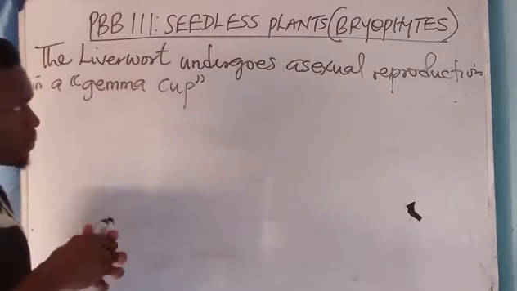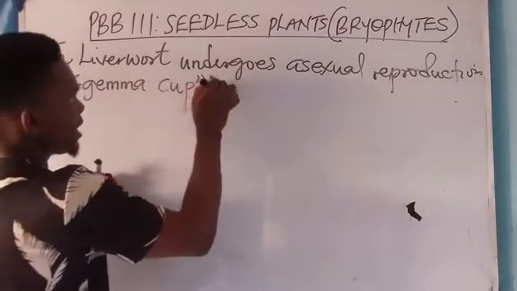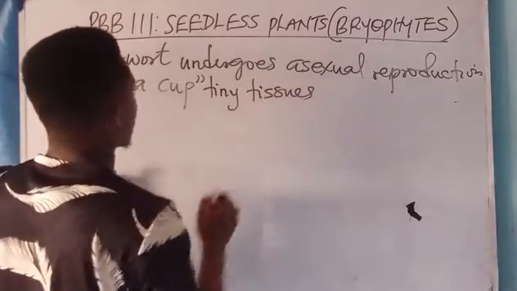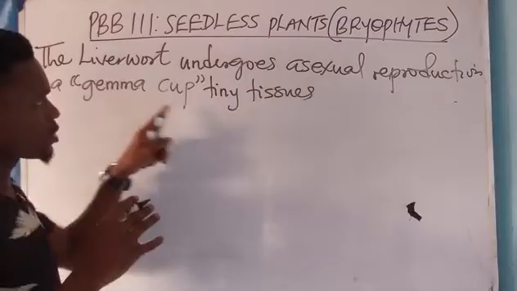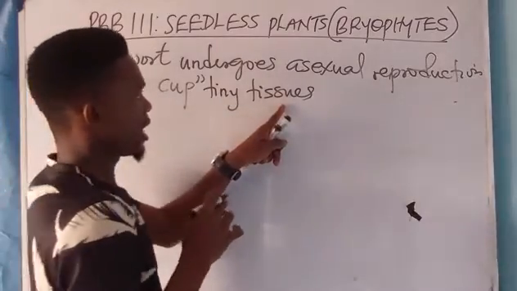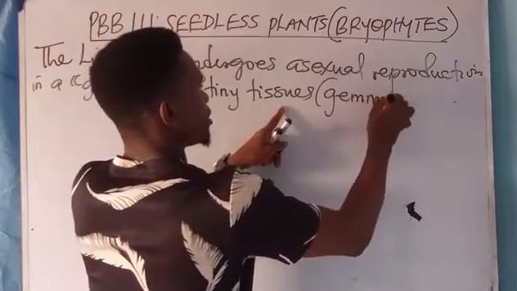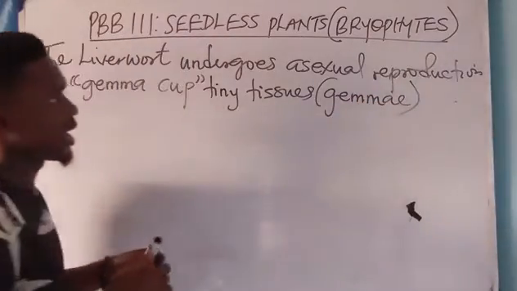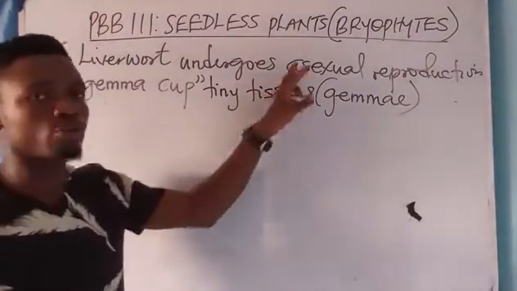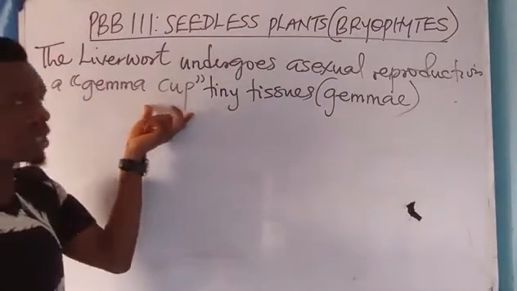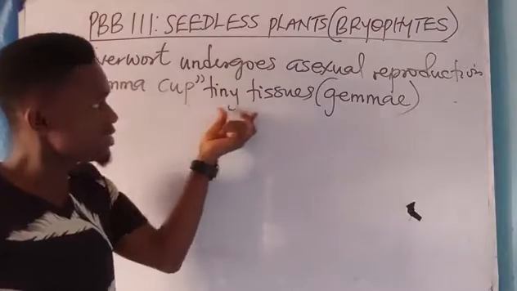Now, this germ cup possesses tiny tissues. Now, this germ cup possesses what? Tiny tissues. And these tiny tissues are called what? Gemmae. This asexual mode of reproduction occurs in a cup called what? Germ cup. Now, this germ cup has tiny tissues.